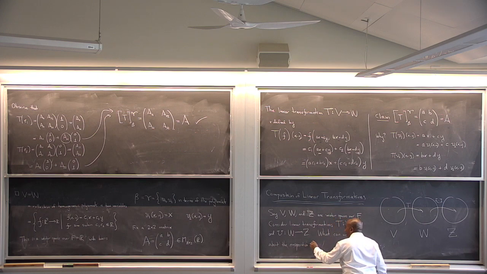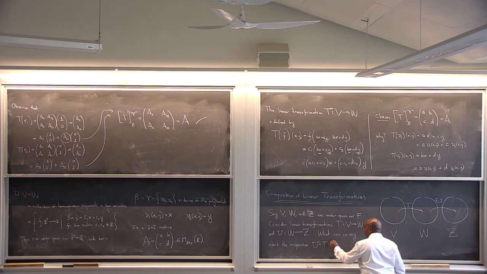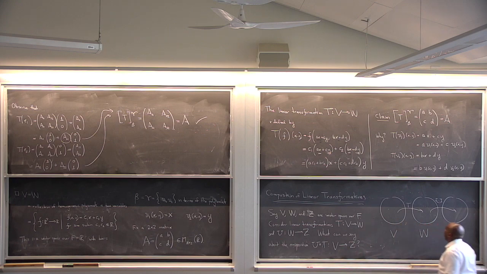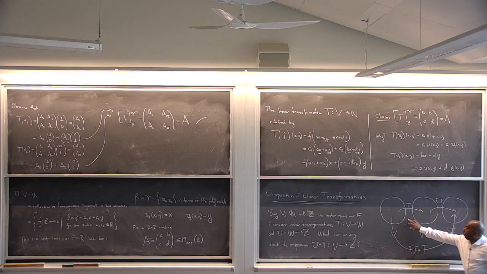So by the composition, I'll denote this as U composed T. So this goes from V to Z. In terms of a picture over here, I simply am just going from left to right. And again, this is what I'm denoting as U composed T. Even though I'm going from left to right, I always write the symbols from right to left. So what happens first is over here T, and then what happens last is over here U. So yes, it is backwards, but that's the standard notation.